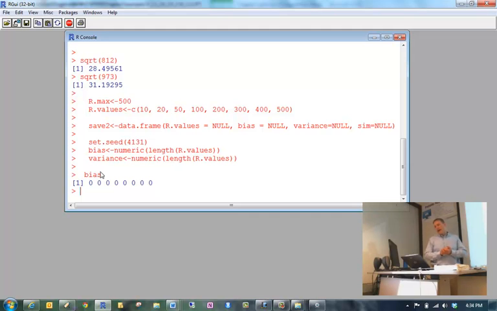When you only have one thing that you're computing every single time, often it's simpler just to use the function called numeric rather than matrix.